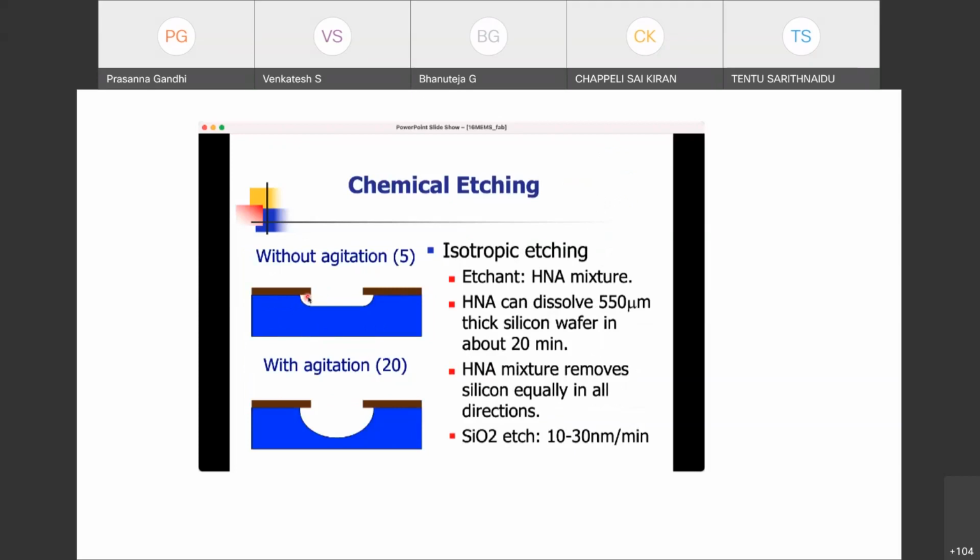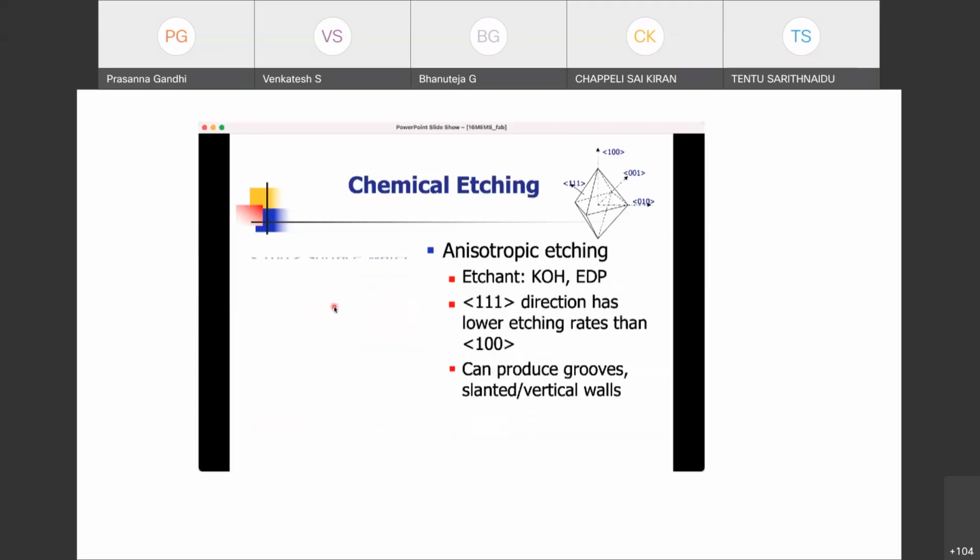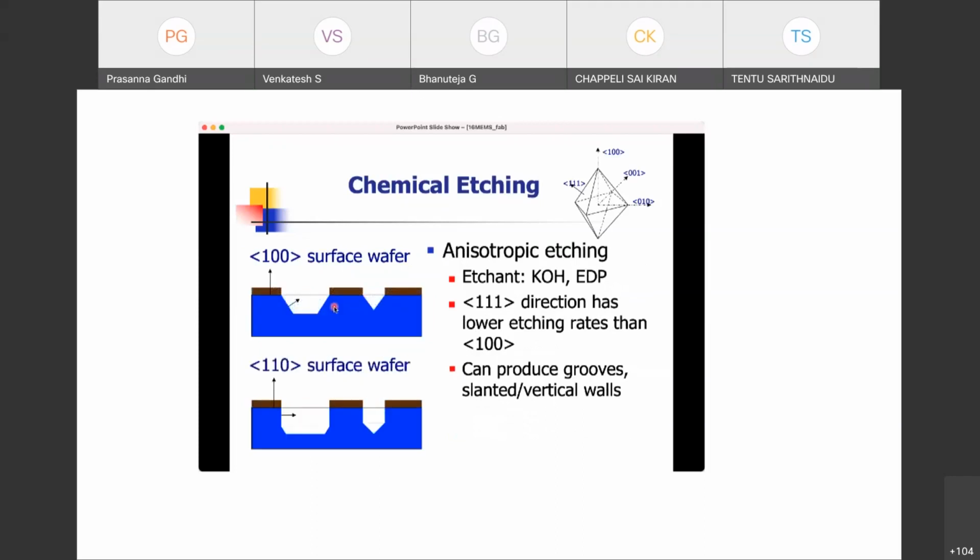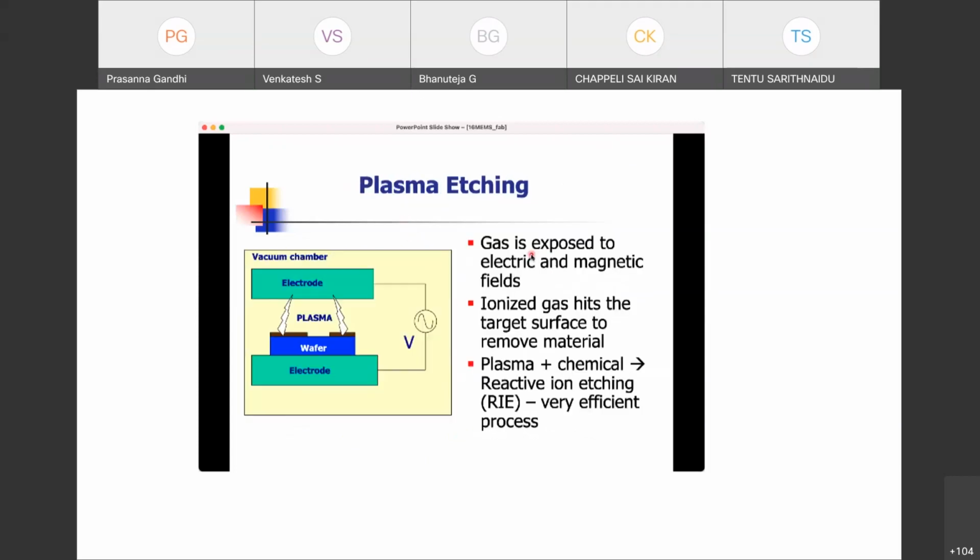So if you sit at this point, then the etching has happened here, also in this direction, and in all the directions possible from this point. So that is isotropic etching. But if you want exactly vertical surface etching, and you don't want it to be dependent upon these wafer directions, then plasma is the way to go.